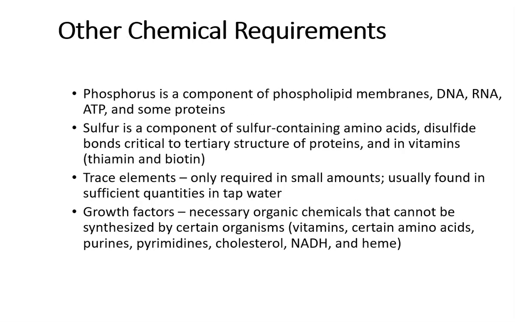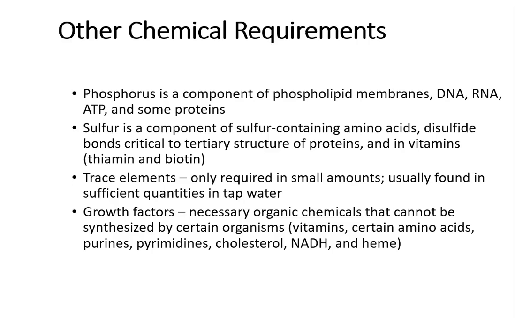Okay. Other things that we need is phosphorus, because that's part of our nucleic acids and ATP. Think about the name, what ATP means. Sulfur is required. A lot of things require disulfide bonds, so you need that in amino acids and that sort of thing, and certain vitamins.